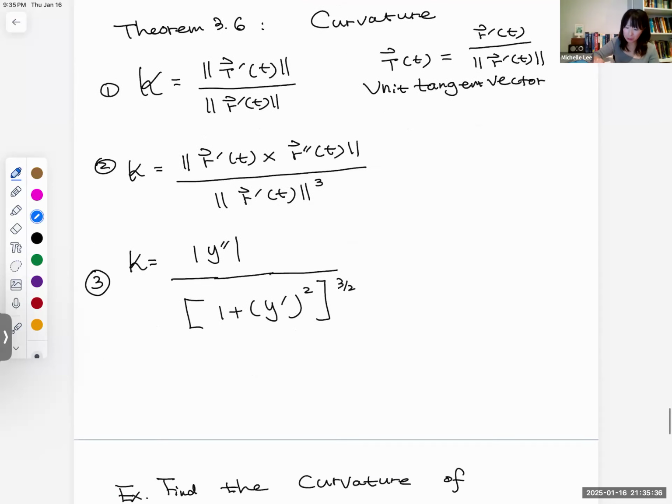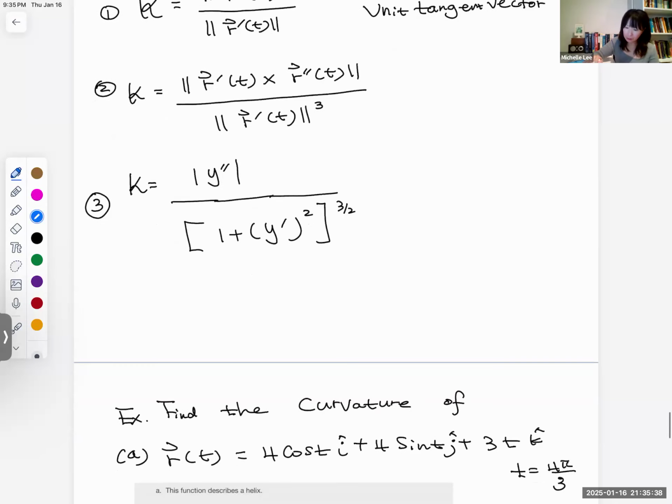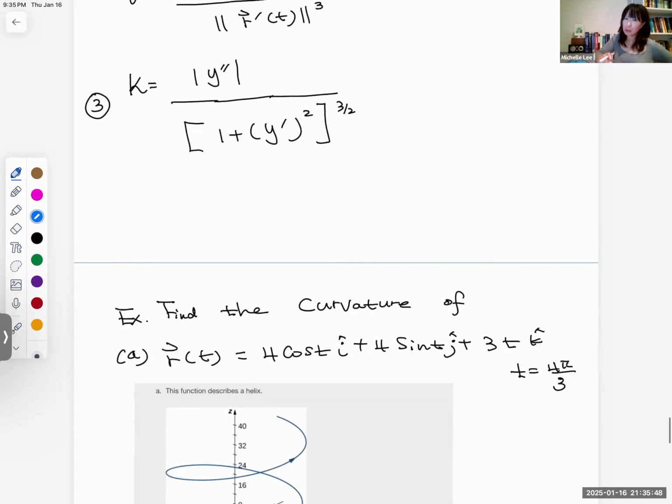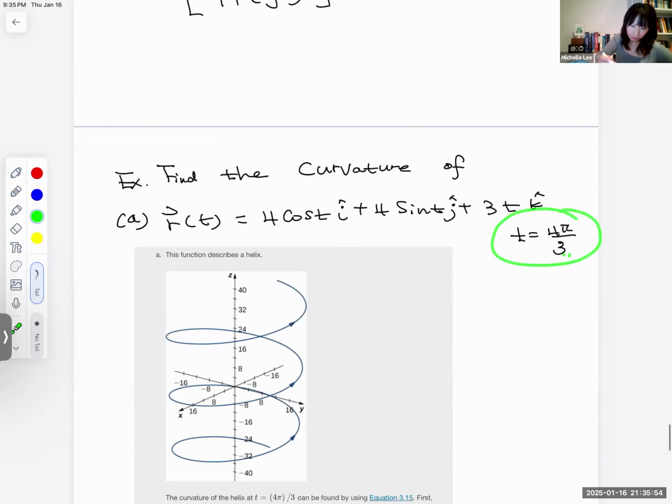We have an example. Find the curvature of r of t equal to 4 cosine t i plus 4 sine t j plus 3t k. We want to know the curvature when t equals 4 pi over 3, right?